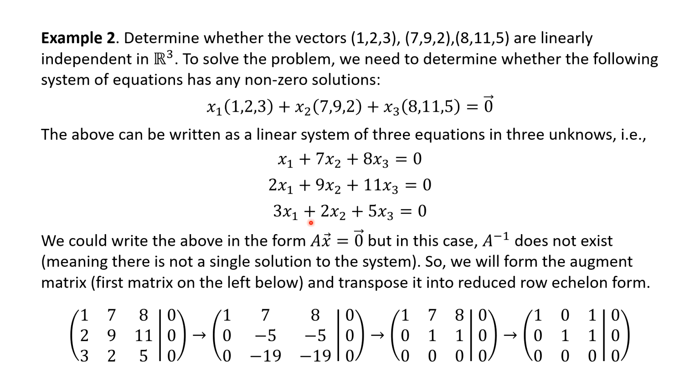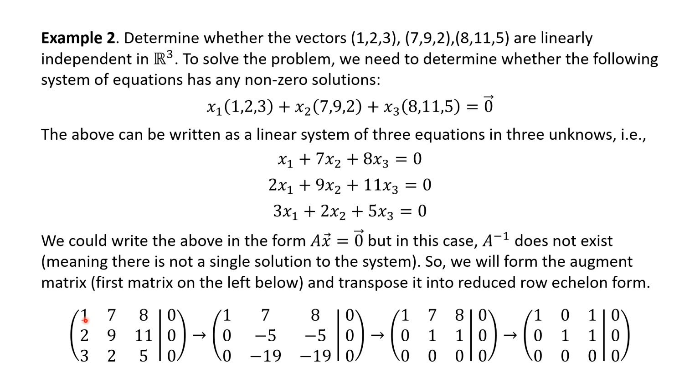We can also write that as a matrix equation where A is 1, 7, 8, 2, 9, 11, 3, 2, 5. It turns out A inverse does not exist. So we know that that implies that there's not a unique solution to the system. We can go ahead and actually find an infinite number of solutions by putting this system of equations into a matrix and then doing the Gaussian elimination.